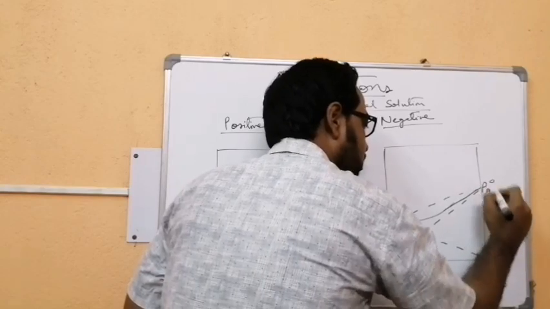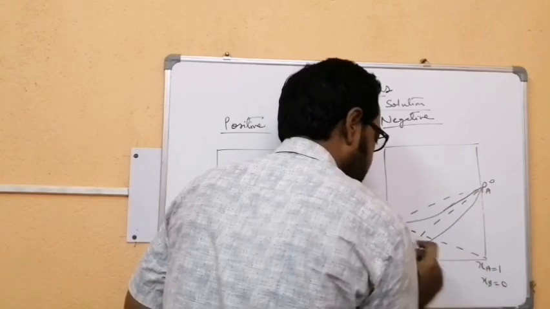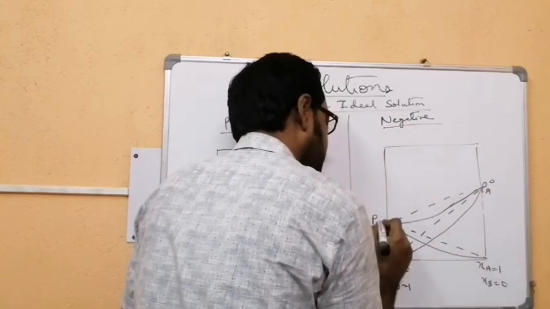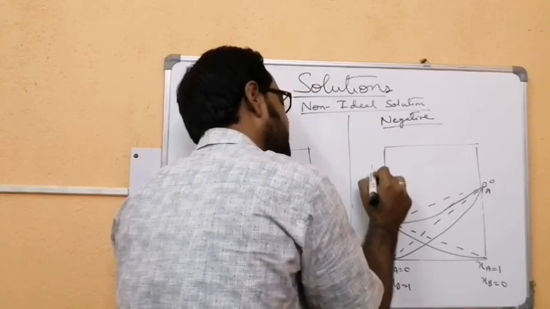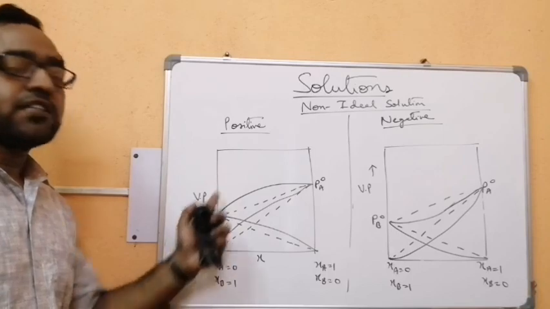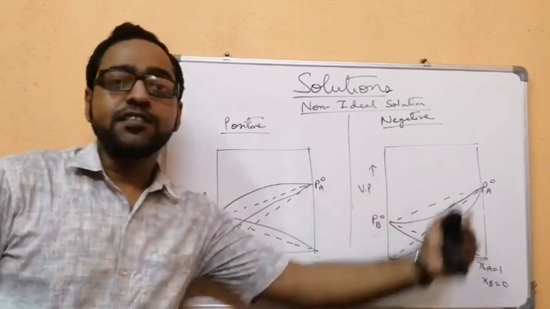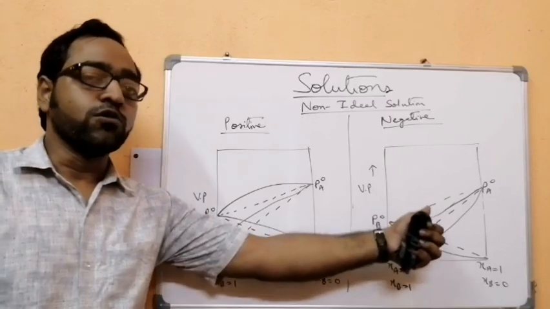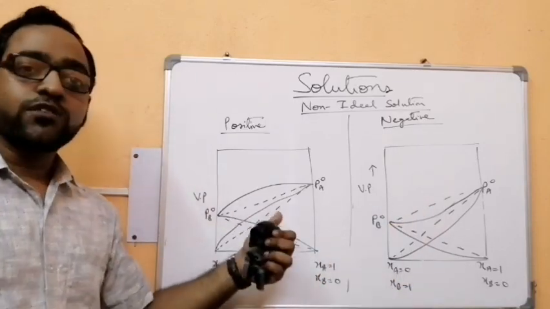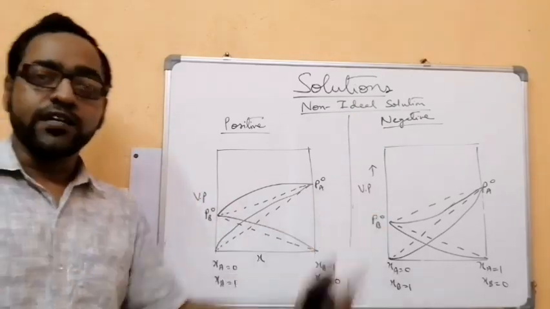This is PA naught, this is PB naught, and this is the vapor pressure axis. So you can see in positive deviation the vapor pressure is greater. In case of negative deviation, the vapor pressure is less than that expected from Raoult's law. The dotted line is for the ideal case, and the actual line is the non-ideal case, either positive or negative deviation.